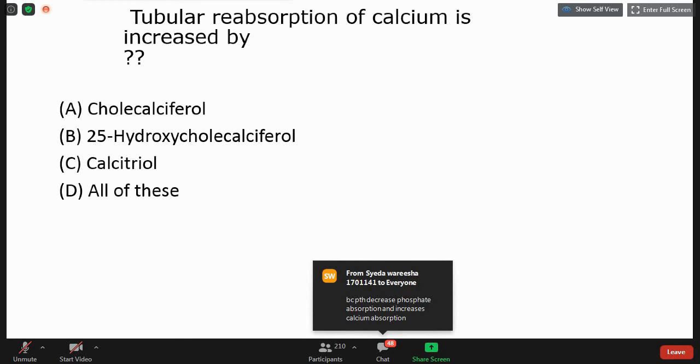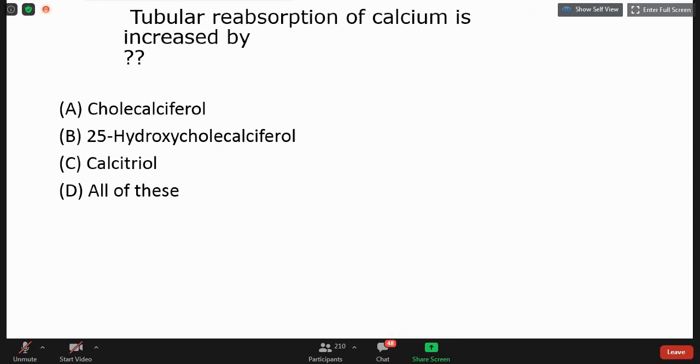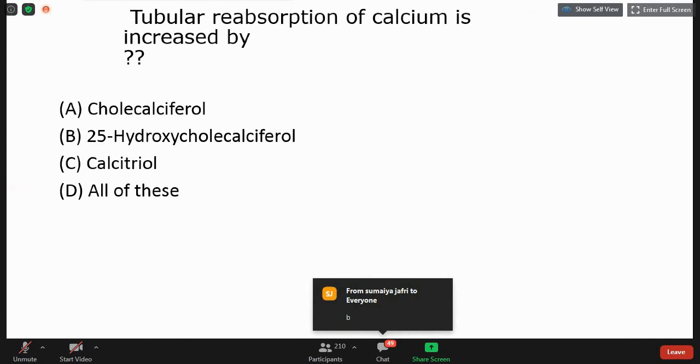Now the true option: tubular reabsorption of calcium is increased by. C. Okay.